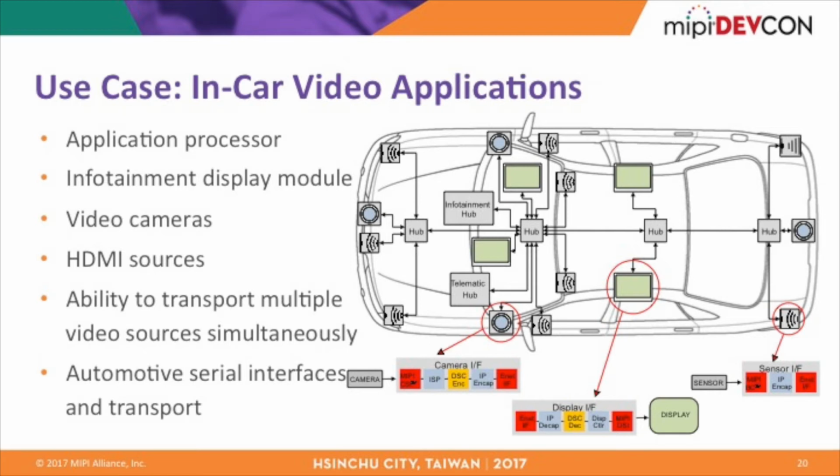Another good example where DSC can be used very effectively is AR, VR, and head-mounted display technology. People are now designing such products, and in many cases they're in an environment where it's battery operated, so they're concerned about power requirements.